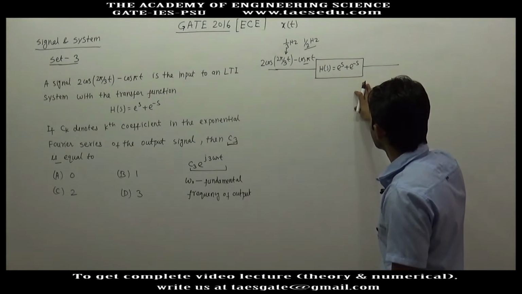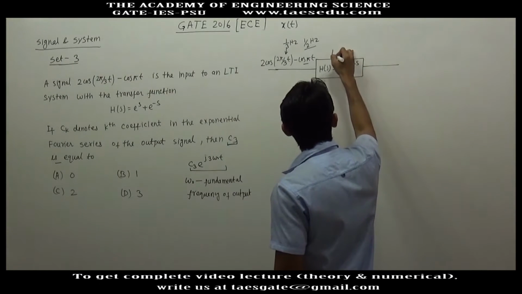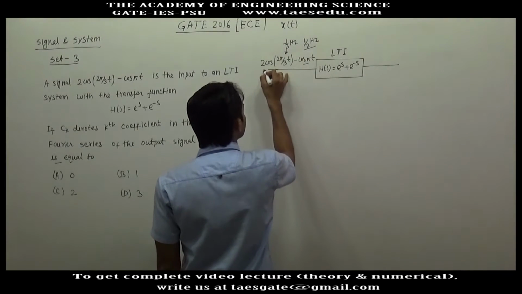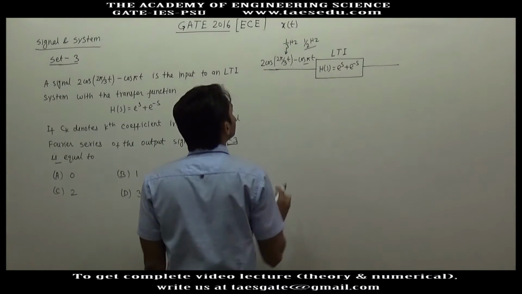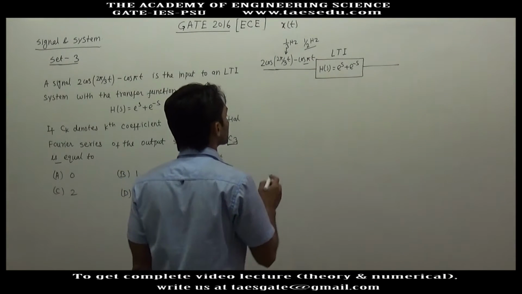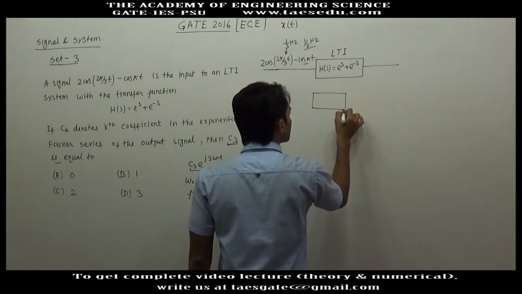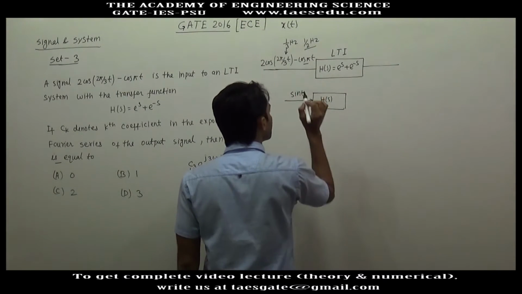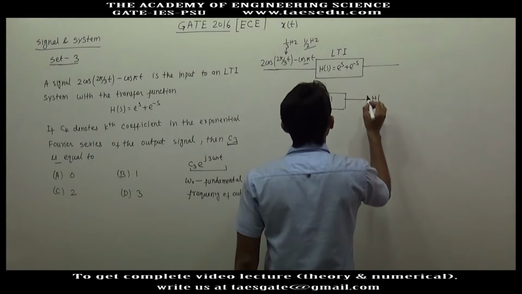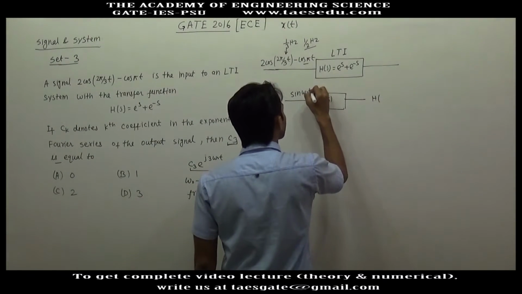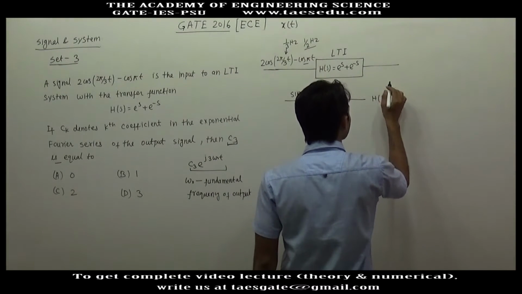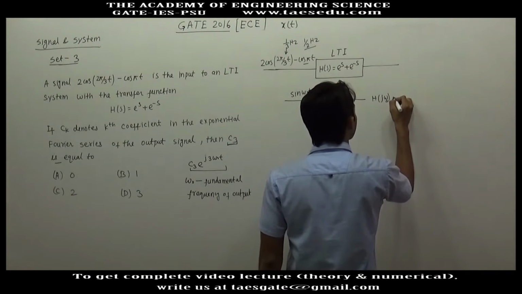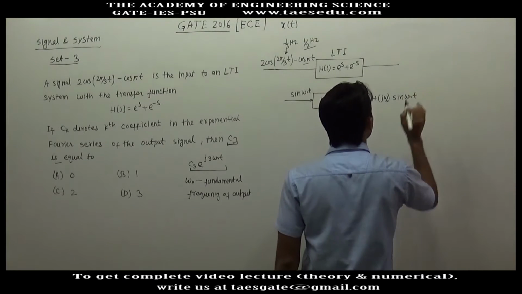Now we know that this is an LTI system. For any LTI system with transfer function H(s), if you give an input sin(omega naught t), the output will be the value of H(j omega) at omega equal to omega naught into sin(omega naught t).